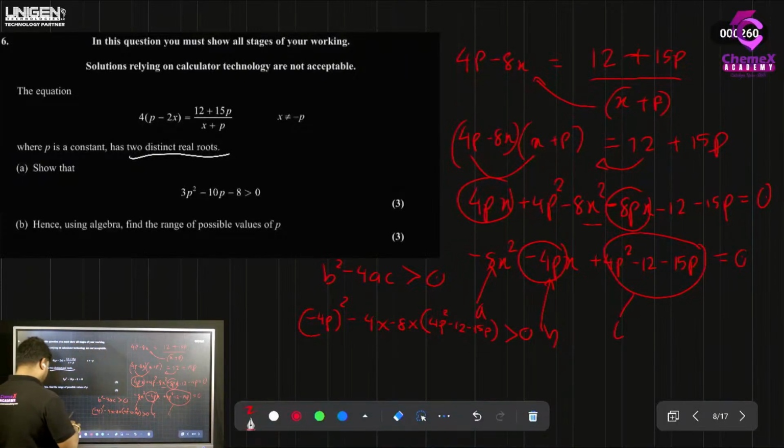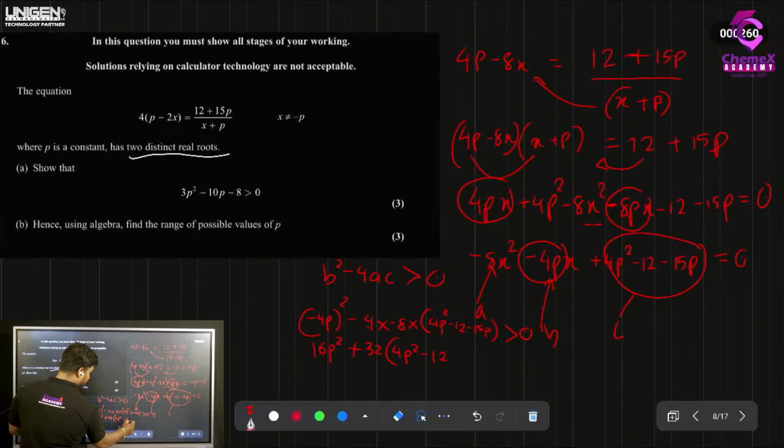Okay, so how do you do the rest? 16p squared minus, let me multiply this in, 32 bracket 4p squared minus 12 minus 15p larger than 0.